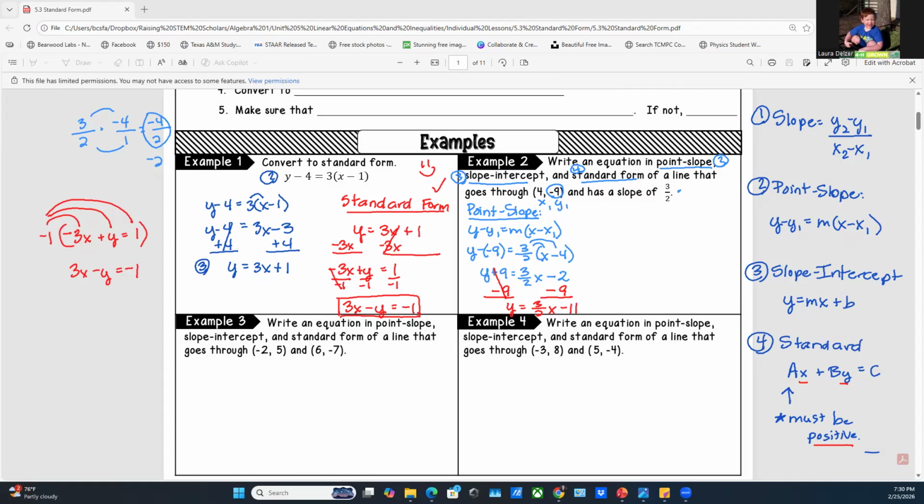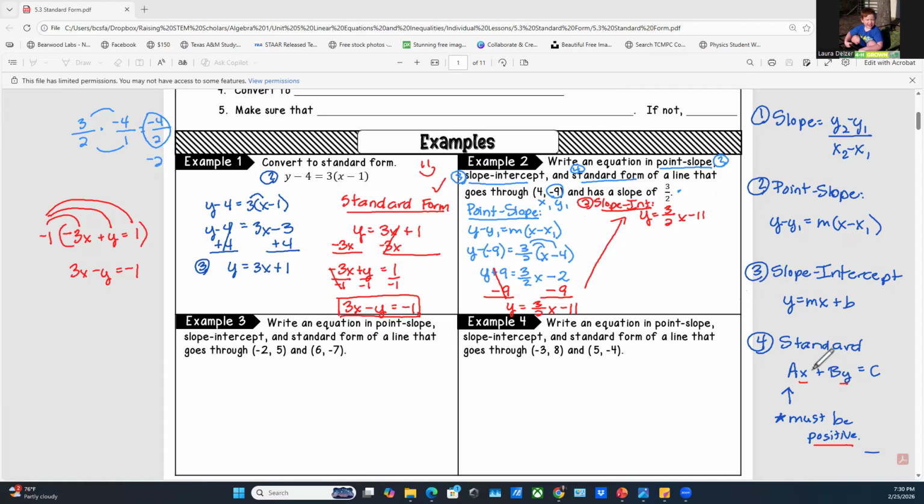I'm going to just put that there. If I write this over again, where we got a little bit more room, this is my slope-intercept form. This was my second equation type.